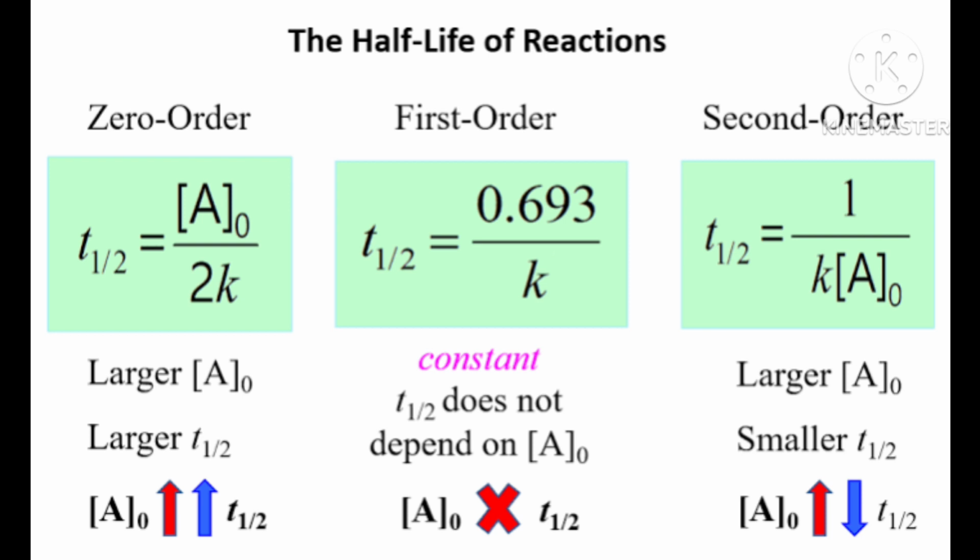R0 will be cancelled. Now you do cross multiplication. In the place of K you write T half, and in the place of T half you write K. Then T half is equal to 2.303 divided by K, and now it became log 2 because R0 cancelled.